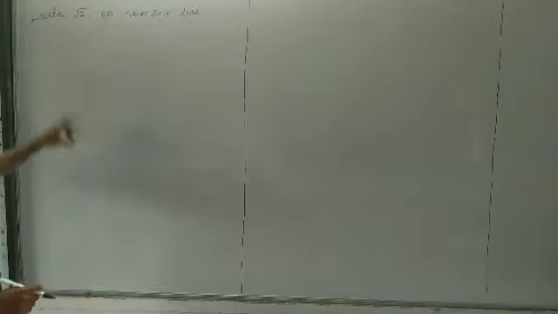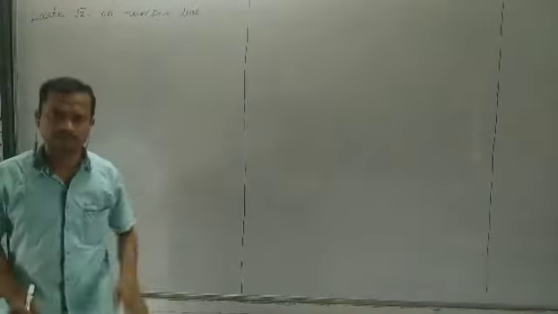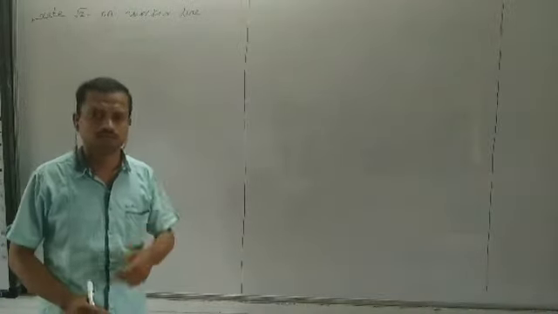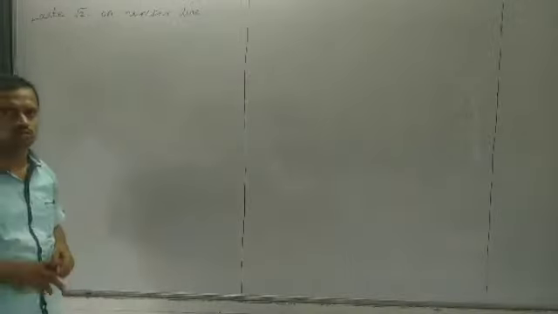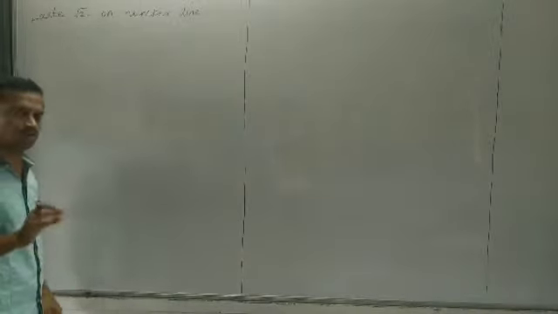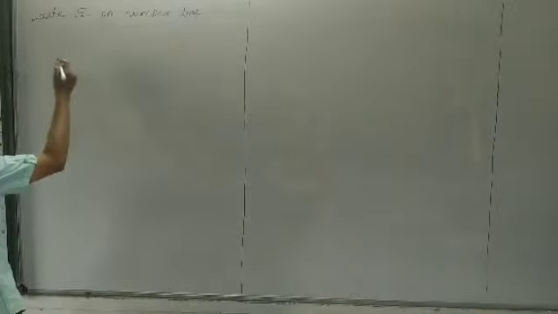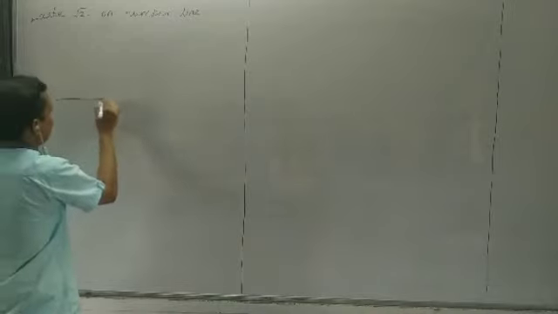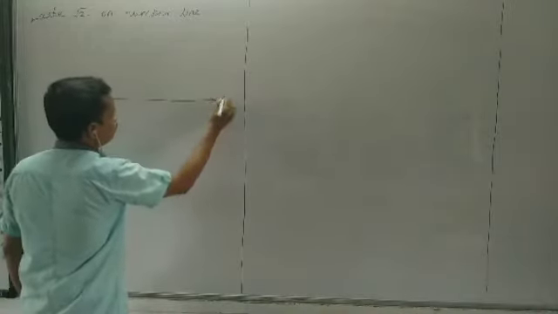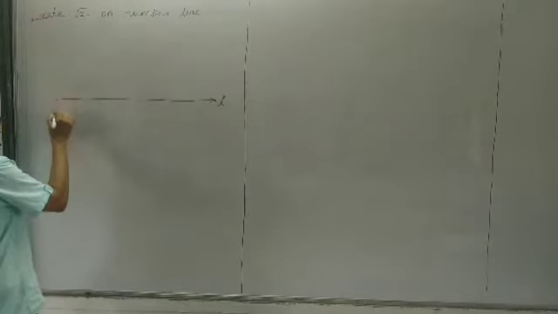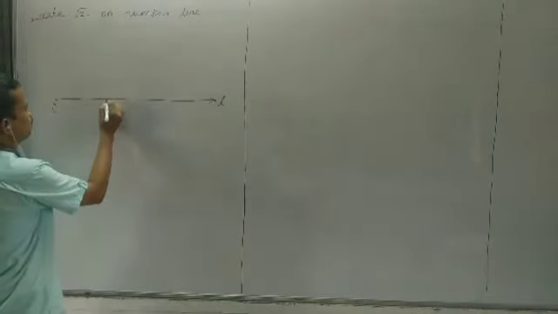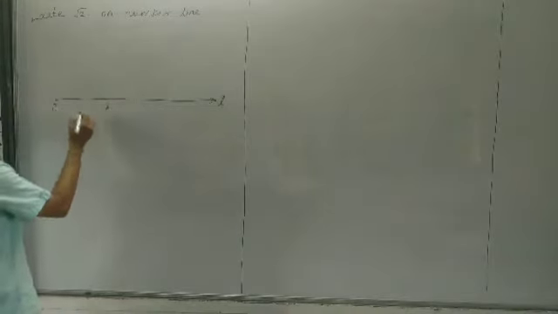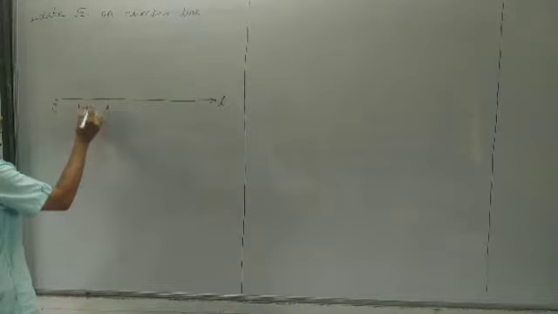So now, locate root 2 on the number line. Before that, we located a rational number 3 by 5 like that. But now root 2. So how to do this? Listen carefully. It is very easy, but you have to focus here. Just draw a number line. Mark this point as O, and take this point as A. This is 1 unit.